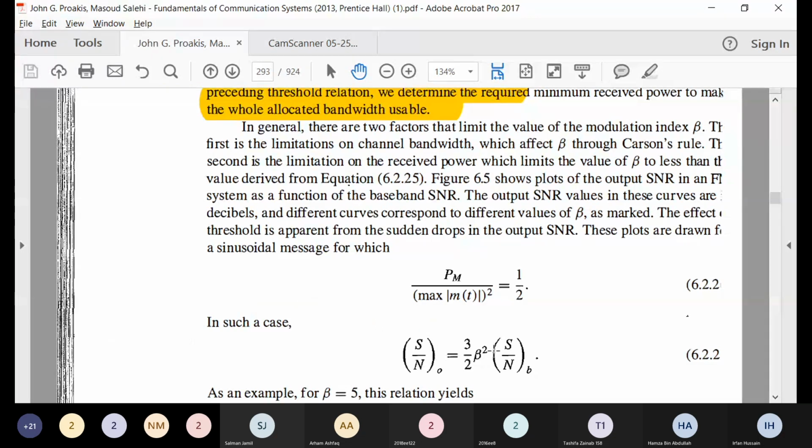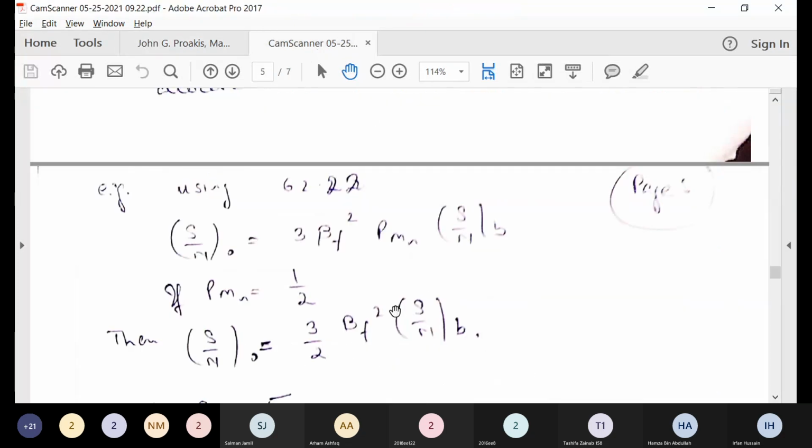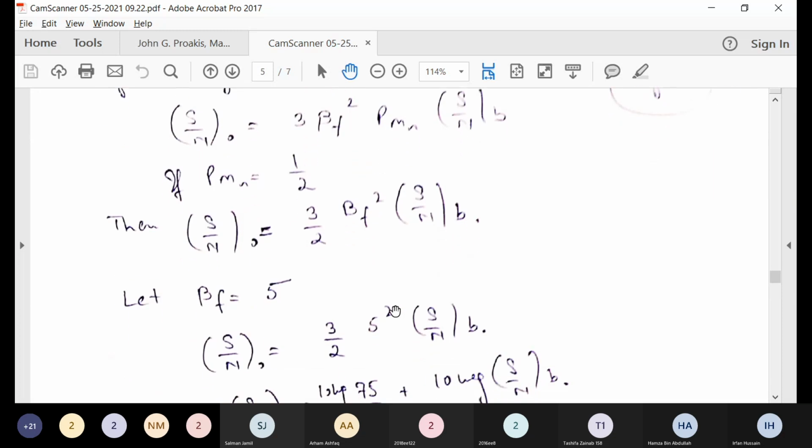Let us take some example of beta. Let us take beta equal to 5. Some of the steps are missing in the book, so I will refer to my notes.